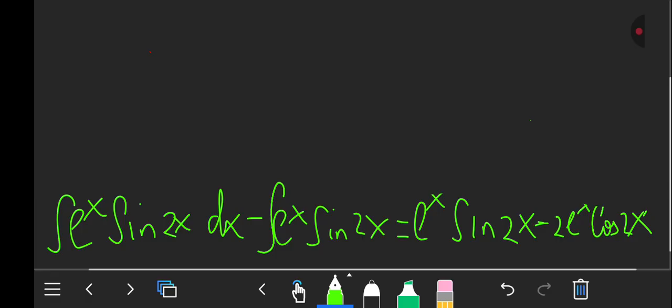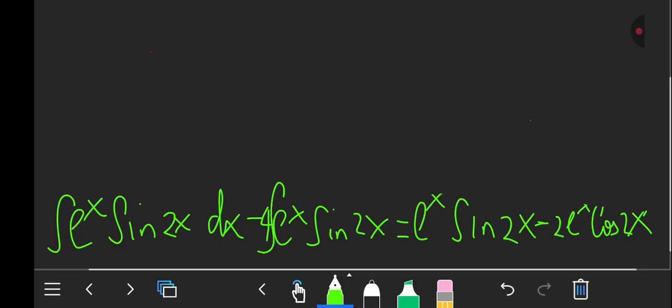In fact, subtracting. Here there was 4, sorry, it was 4, so when it goes to this side it will become negative 4.